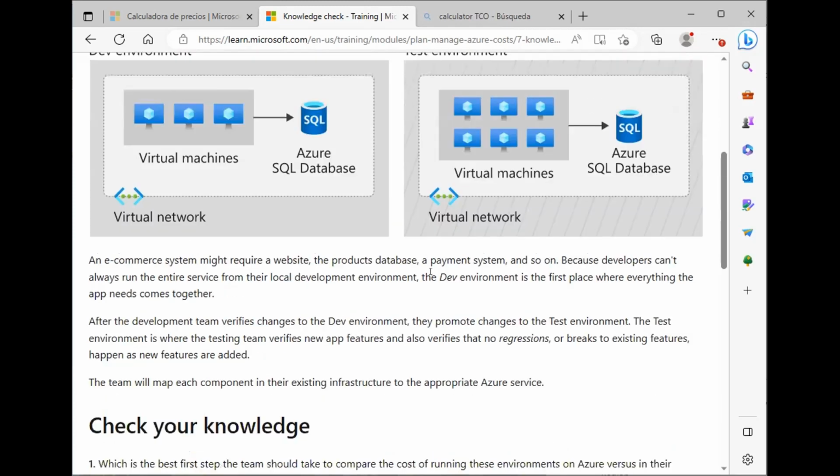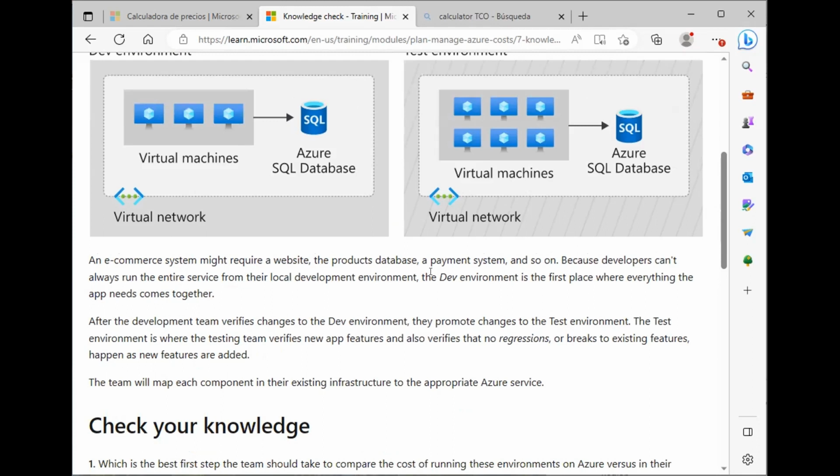An e-commerce system might require a website, the product database, a payment system, and so on, because developers can't always run the entire service from their local development environments. The dev environment is the first place where everything the app needs comes together.